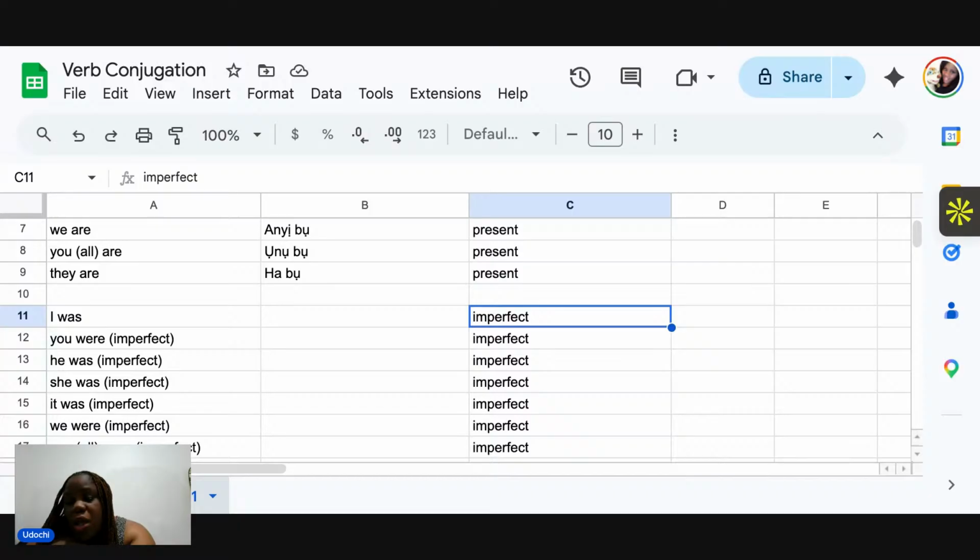It usually indicates an action that happened repeatedly, or is ongoing, or habitual, or incomplete in the past.